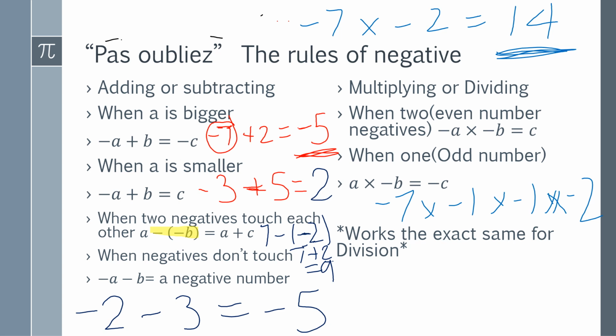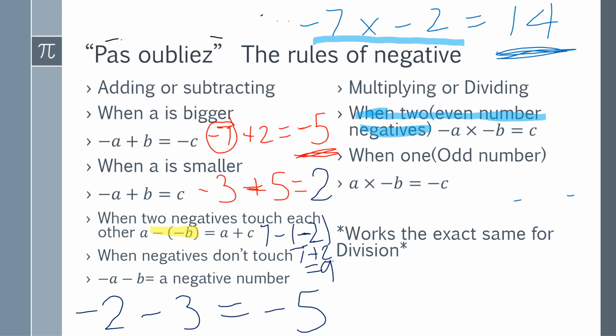I don't have space to write that out, but you get it. So highlighting the point of this, when you've got an even number of negatives, like 2, 4, 6, 8, 10, any even number of negatives is always going to result in a positive answer.